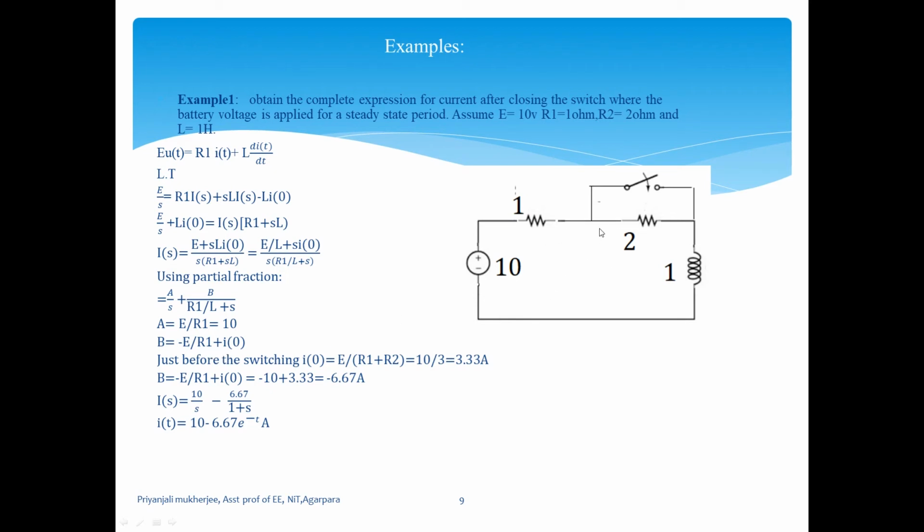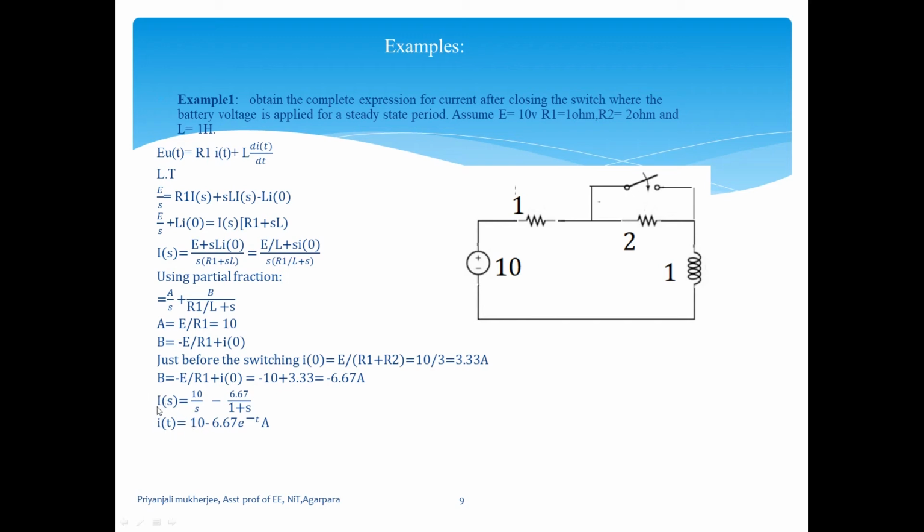Just before the switching, the initial current is 10 divided by R1 plus R2, that is 10 divided by 3, so it becomes 3.33 amperes. The value of B becomes minus 10 plus 3.33, that is minus 6.67 ampere.